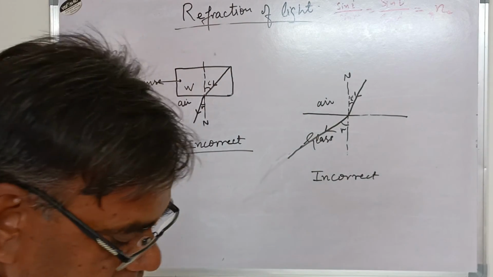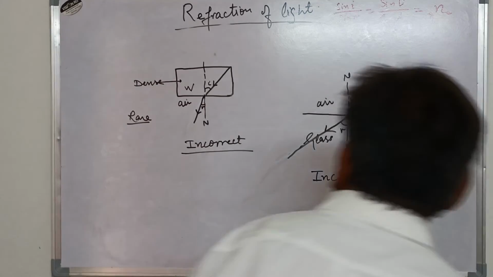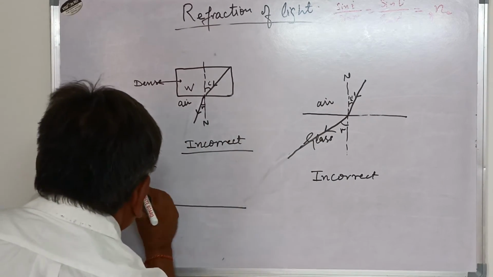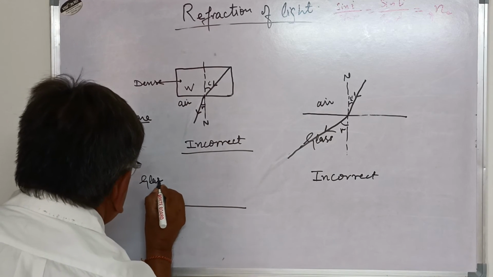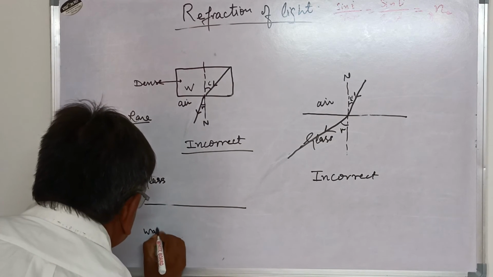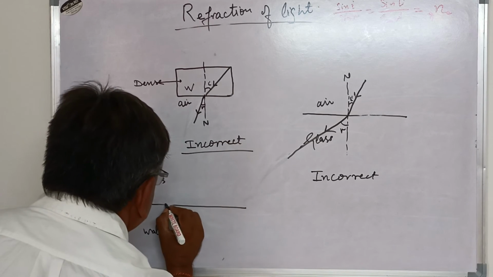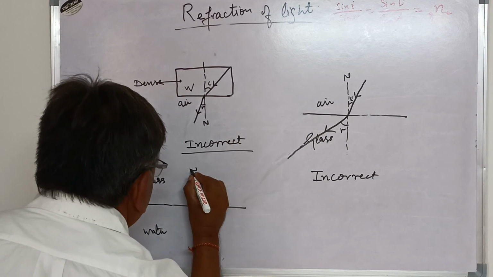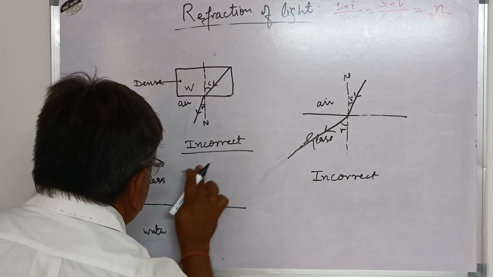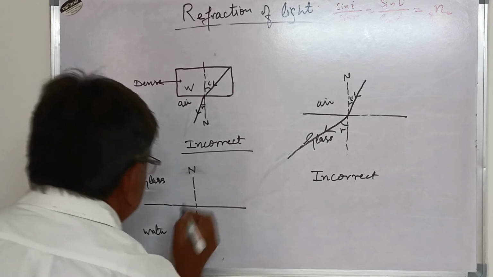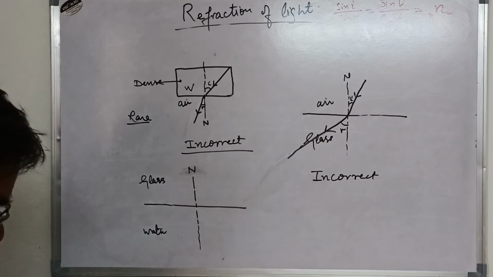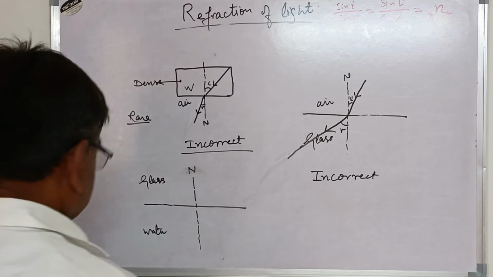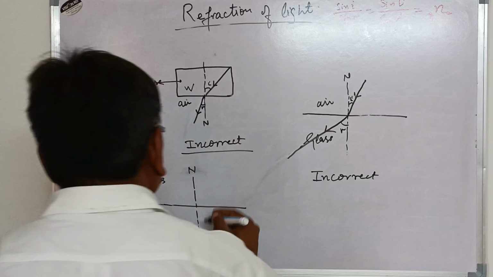And glass to water. Very interesting. This is glass and this is water. This is the boundary and this is the normal N. In the figure, it has been given that glass and water, this is the ray.